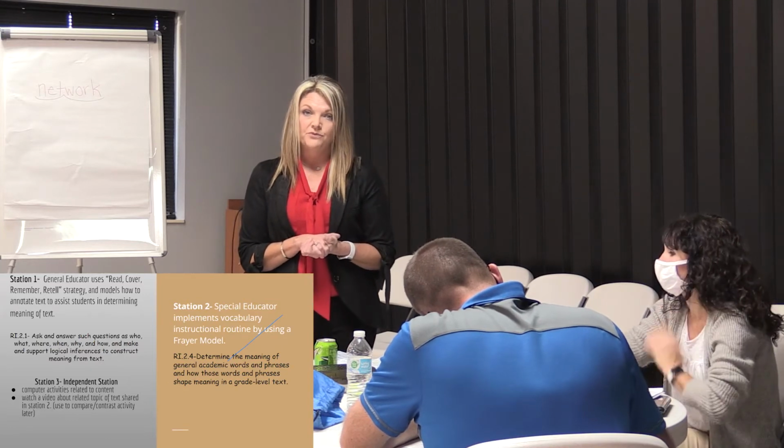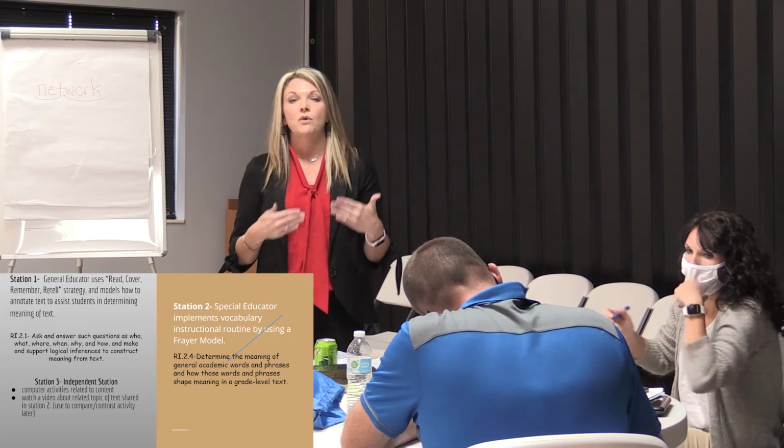So this one is called Read, Cover, Remember, and Retell. Basically, you can give them a Post-it or their hand. I would prefer a Post-it, just because hands are different sizes and move. So just give them a Post-it.